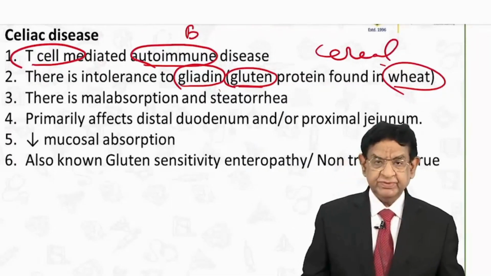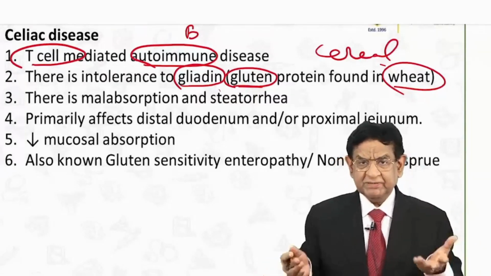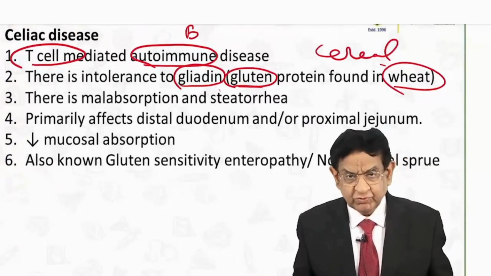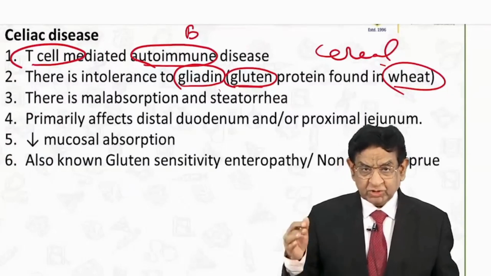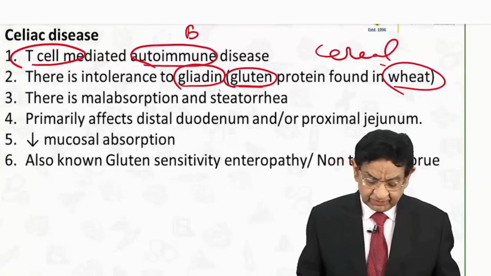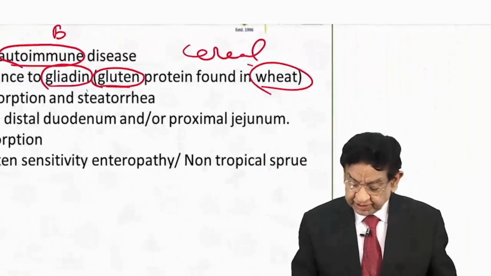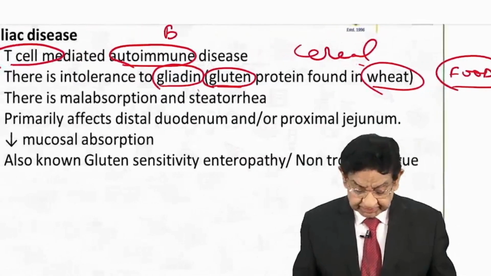Let's talk about wheat, which is a very commonly eaten cereal. Bread is made of wheat. Now, classically, when the patient takes any food item made of wheat, he will have the problem. When he stops this, the problem disappears. So, in other words, we can say it is a food related problem. Food related. This is again a key word to remember.